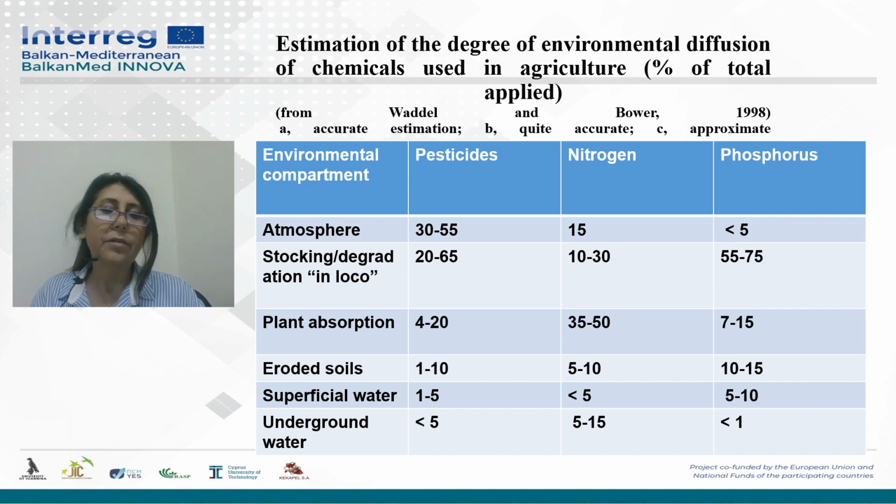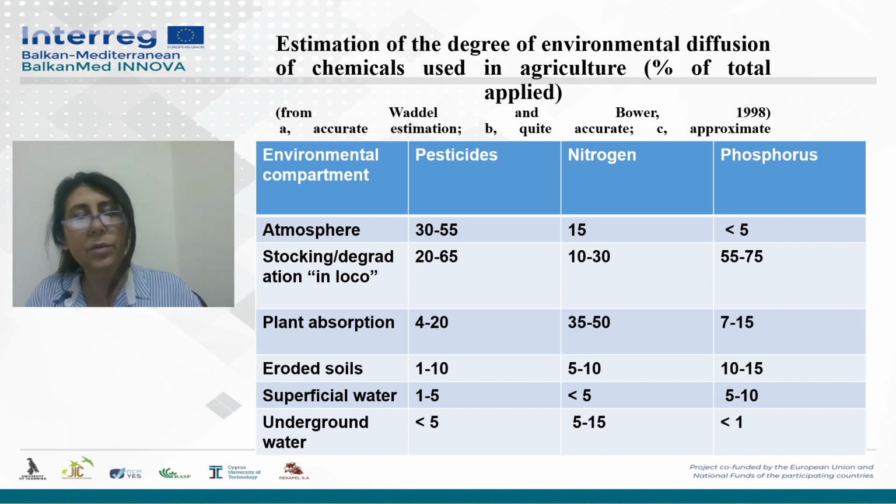Then we have the pesticides in other environments. For example, one part of them is absorbed by the plants, another part goes with the soil through erosion into other environments, for example, surface water, lakes, rivers, the sea. And one part of it goes to the underground water.